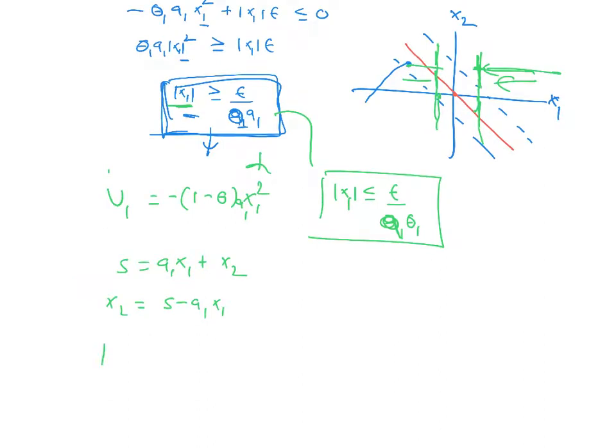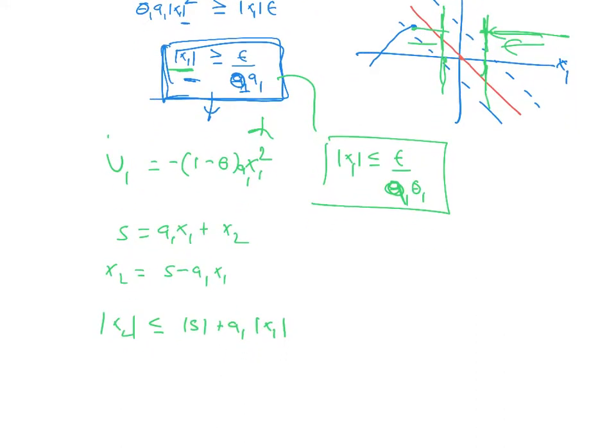And we are saying mod x2 should be less than or equal to mod of s plus a1 times mod x1, right? So now you know the bound on s, which is epsilon, and plus a1 times the bound on x1, which is epsilon over a1 theta 1. So basically this cancels out, and your x2 bound is also there now.